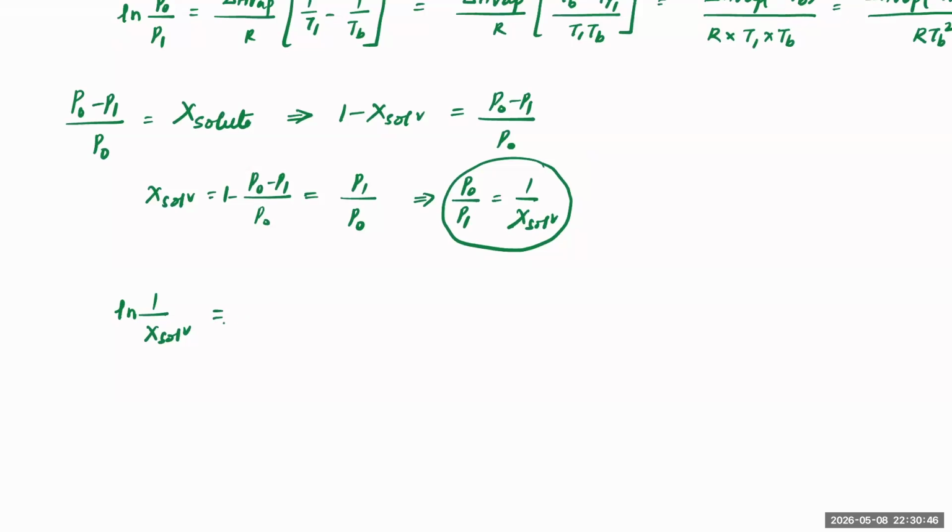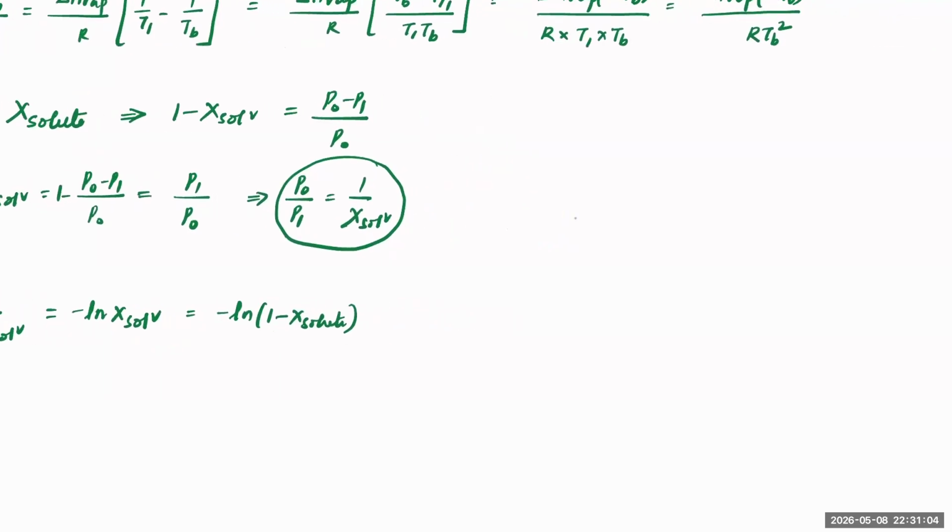Let me do one thing. 1 by x of solvent, I can write it as minus ln of x of solvent, and minus ln of x of solvent can be written as minus ln of (1 minus x of solute). And if you remember the logarithmic expansions, if you have ln(1 minus x) where x is a very small value compared to 1, then this can be written as minus x.